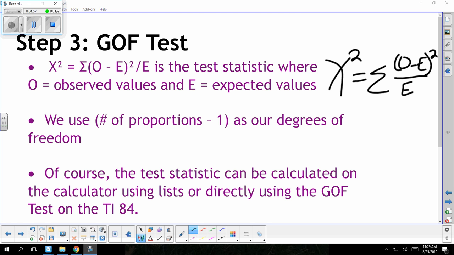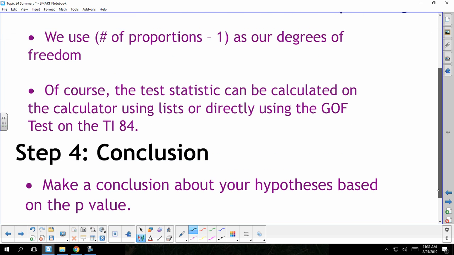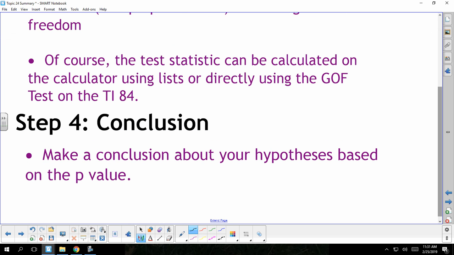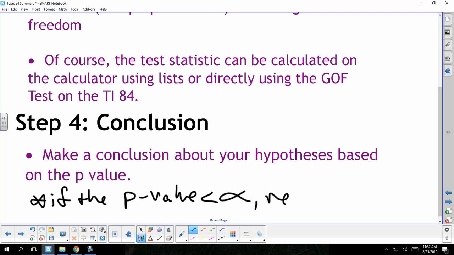And then step 4, our conclusion. Okay? We're going to conduct this just the exact same way we've done every other hypothesis test. We're going to find that p-value. And remember, if the p-value is less than your significance level, we're going to reject H naught, meaning we found statistical significance.